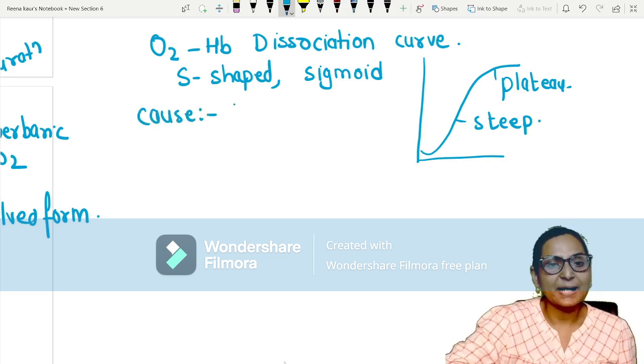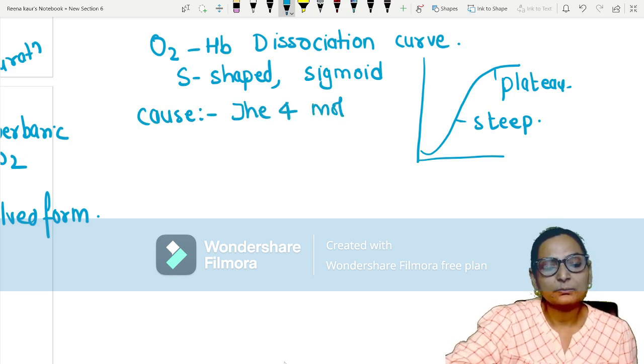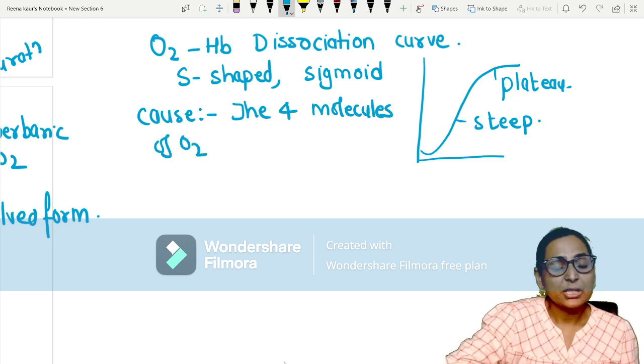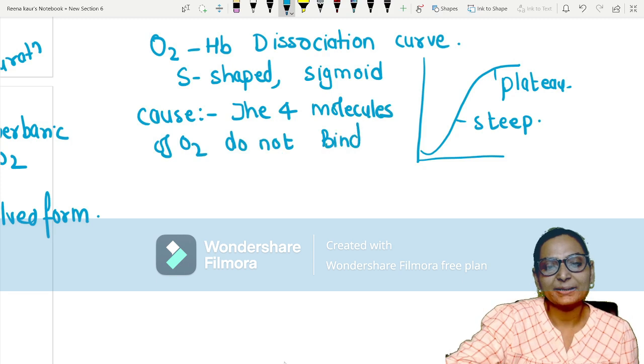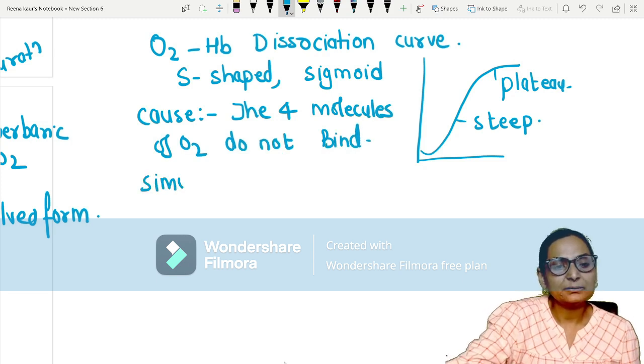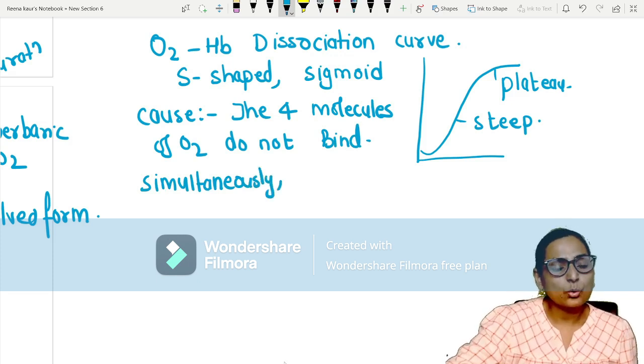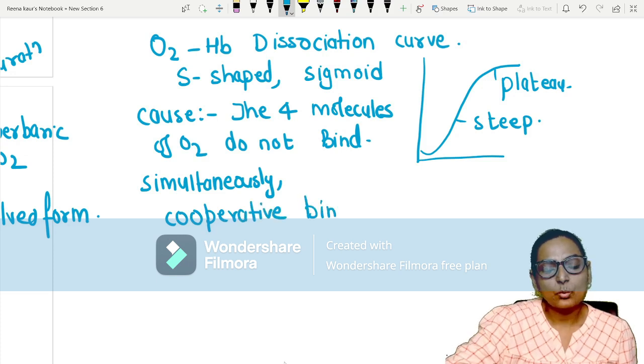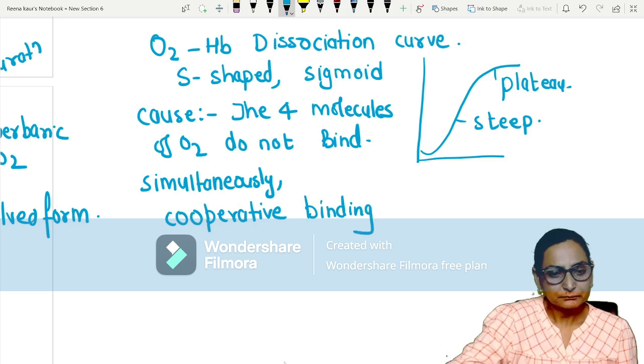The cause is that the four molecules of oxygen do not bind simultaneously. एक साथ नहीं bind करते हैं वो. They show cooperative binding.